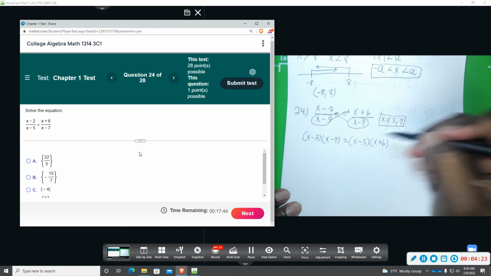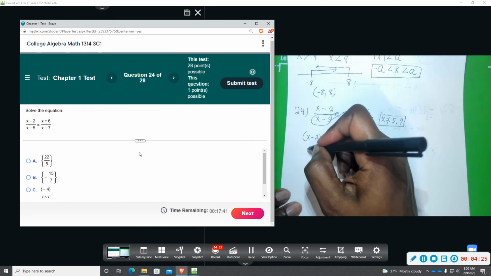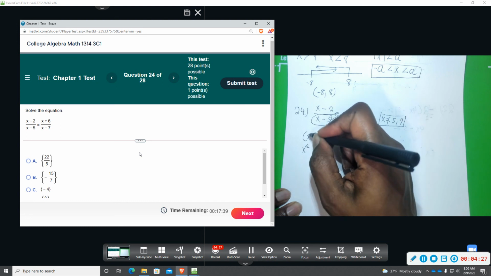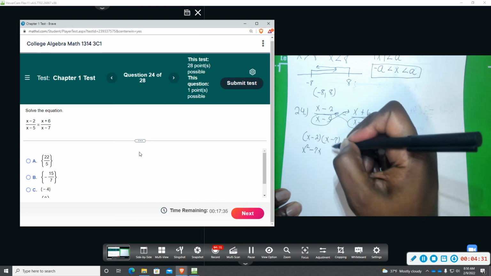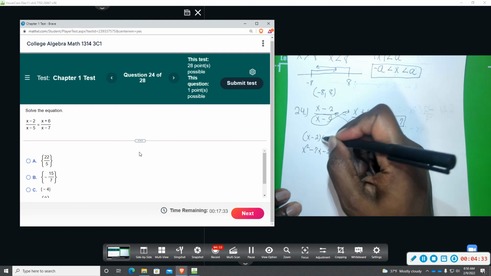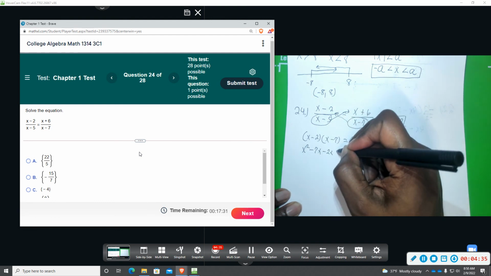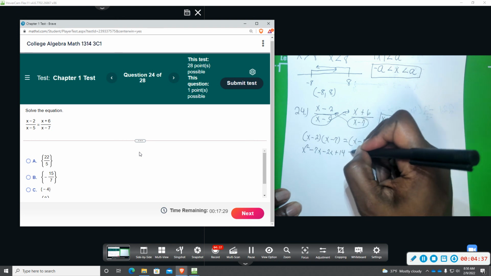All right, so let's distribute and solve. So x times x will give us x squared. X times negative 7, negative 7x, negative 2 times x, negative 2x, negative 2 times negative 7, positive 14.